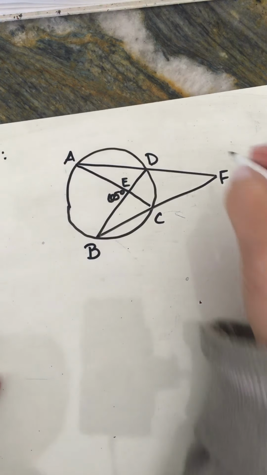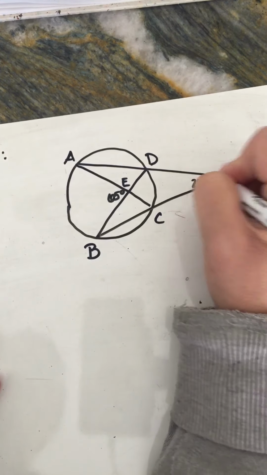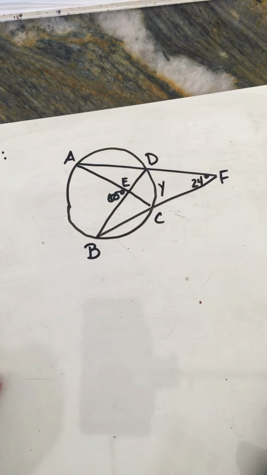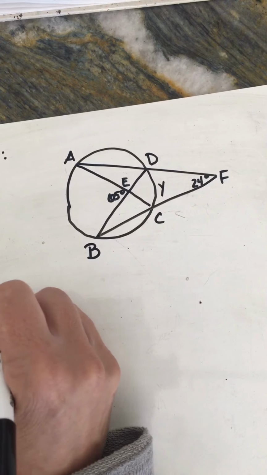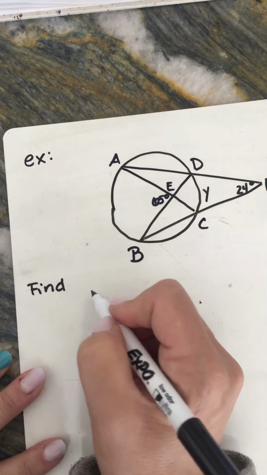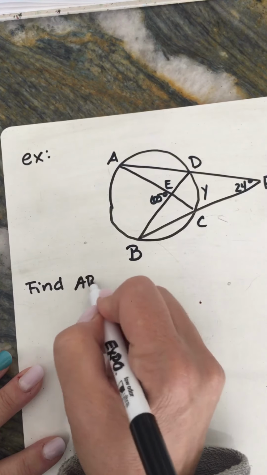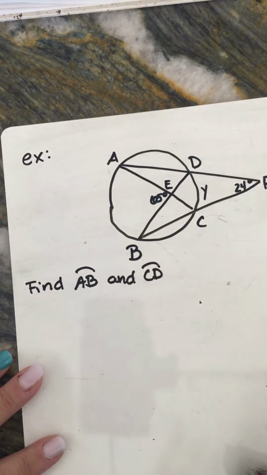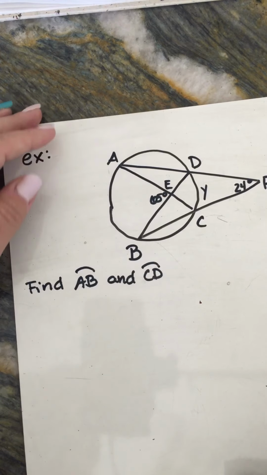This is 24 degrees for that angle. This arc is Y. We are going to find arc AB and arc CD. So we're going to look for those two arcs.